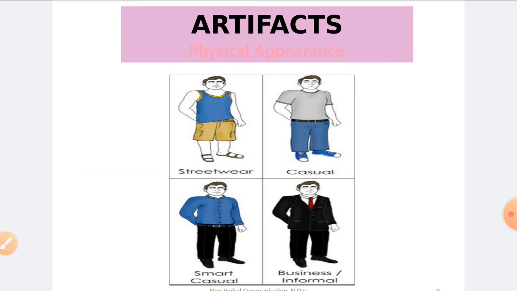Thus people's dresses, their looks, their level of attractiveness, all these are important non-verbal cues. So we need to keep in mind that we can assess an individual's personality with the help of this aspect of non-verbal communication, which is artifacts or the physical appearance.